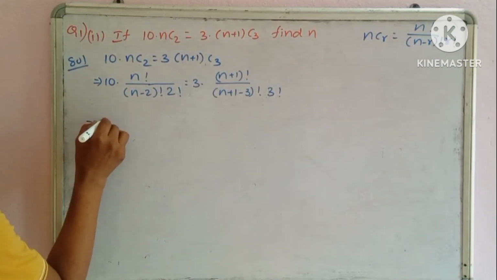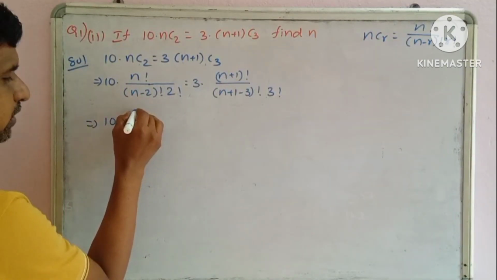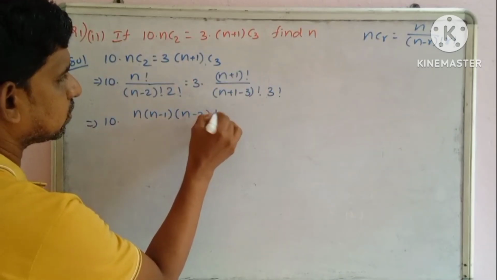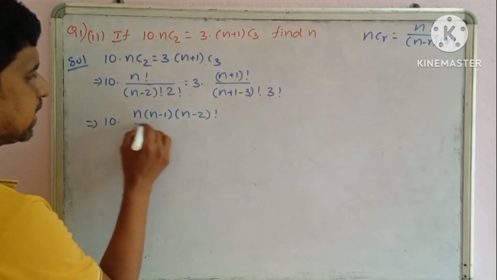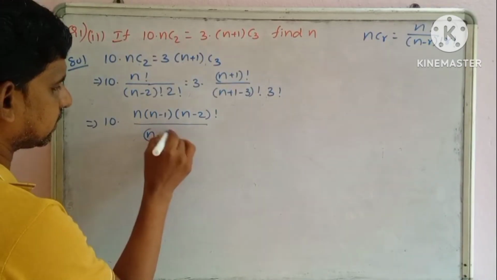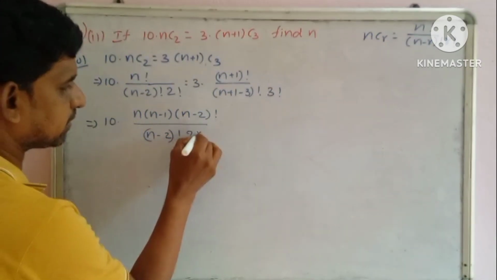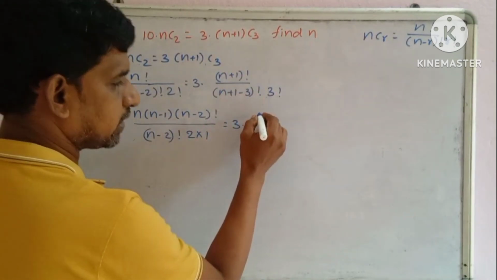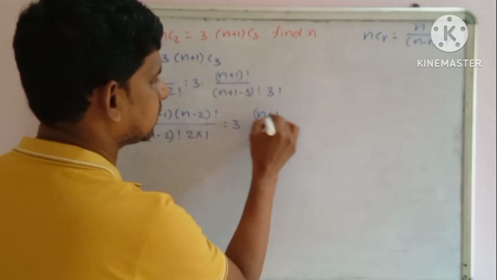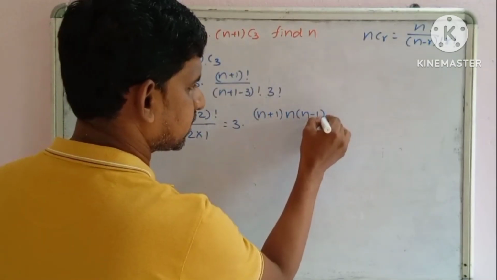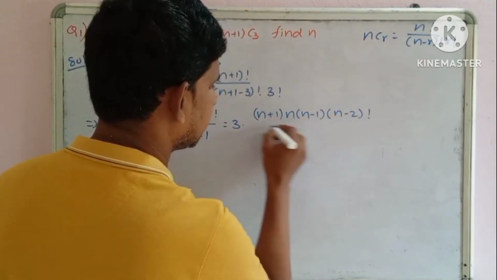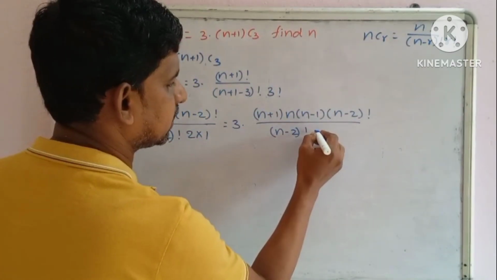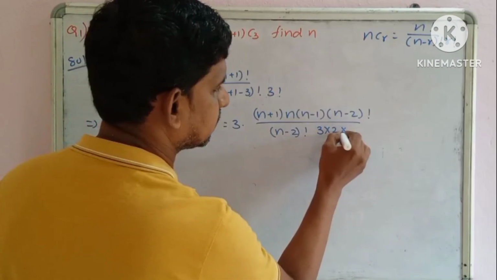That equals 10 into n factorial, which can be written as n into (n minus 1) into (n minus 2) factorial by (n minus 2) factorial into 2 factorial, which is 2 times 1, equals 3 into (n plus 1) factorial, written as (n plus 1) into n into (n minus 1) into (n minus 2) factorial by (n minus 2) factorial into 3 factorial, which is 3 into 2 into 1.